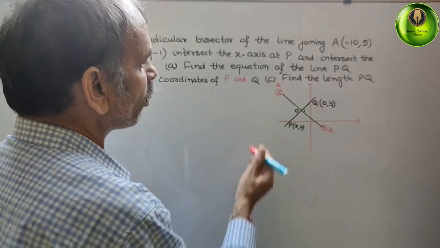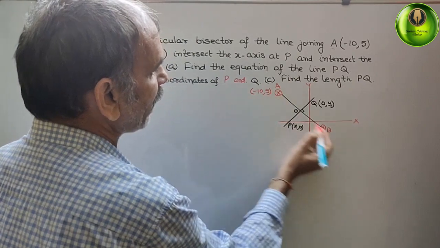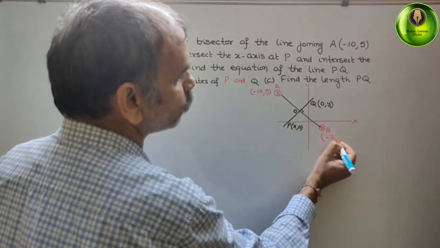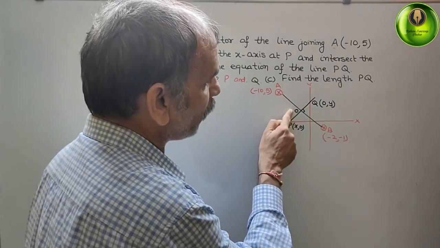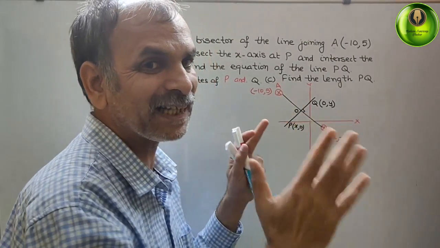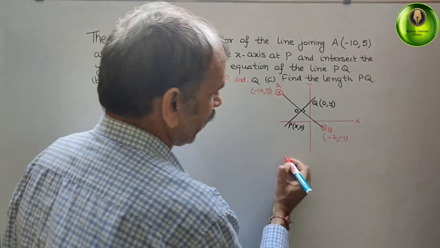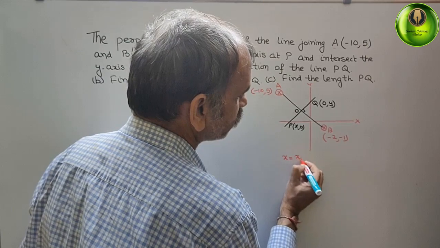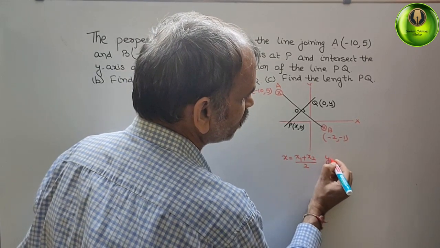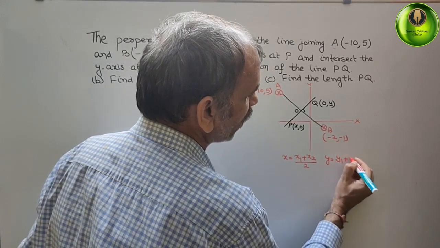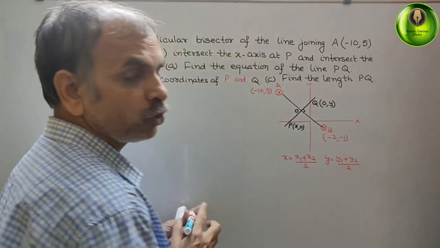So here the A coordinate is (-10, 5) and the B coordinate is (-2, -1). First we will find the O point, that is the midpoint of the bisector. The midpoint formula is x = (x1 + x2)/2 and y = (y1 + y2)/2. Now substitute the values.